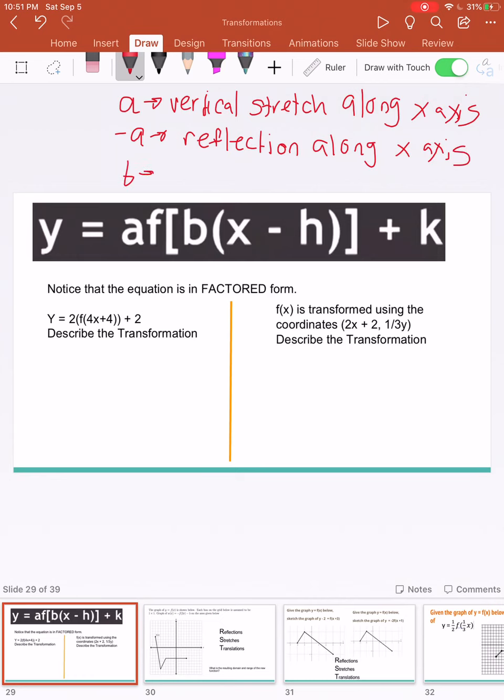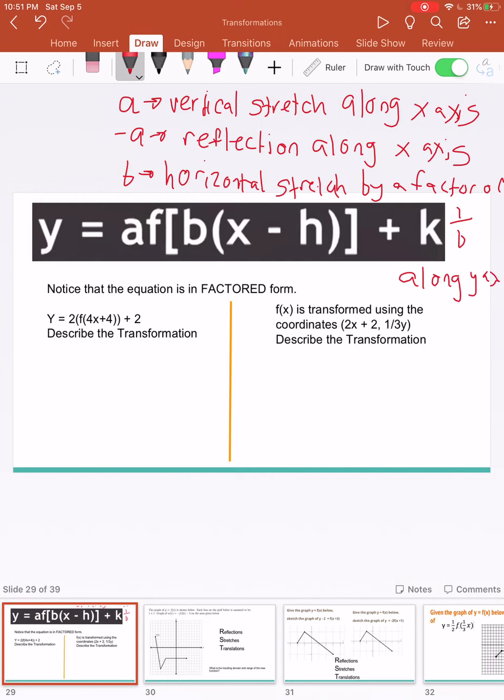B is going to be a horizontal stretch by a factor of 1 over b, right? You always take that reciprocal, along the y-axis. A negative b would mean a reflection along the y-axis.